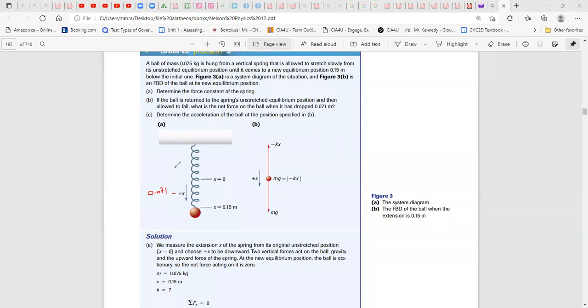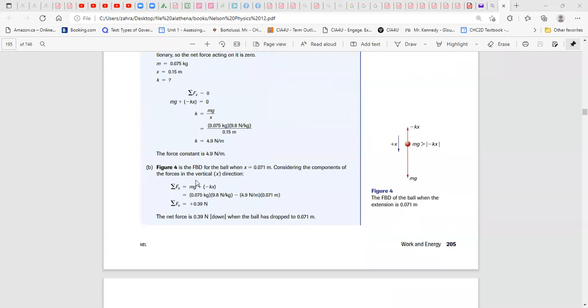Again, we have kx and we have mg, but they won't cancel each other. Here, the total force in the y direction is mg minus negative kx. m we have, g we have, k we got from the previous step, and x is given.